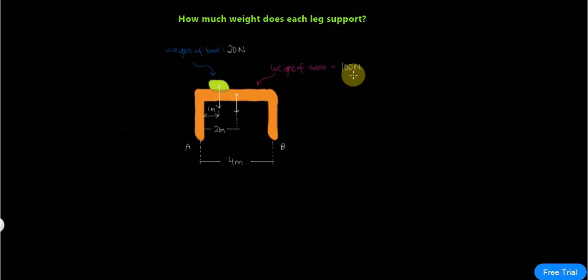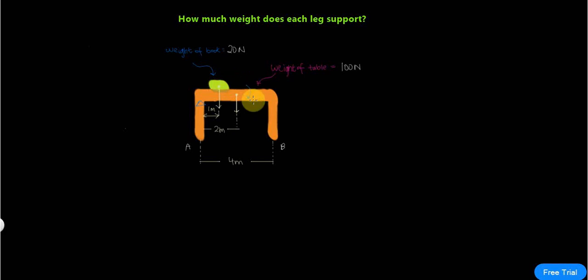Okay, so in essence, if I want to find out how much load is being supported by leg B, I could think of this whole system being pivoted around leg A. So let's say, for example, that was my fulcrum, and if I think of just this top slab of the table, it is then pivoting around that point, and therefore has to be counteracted by leg B. In other words, since these center of masses are a certain distance from this fulcrum, they would cause a net anti-clockwise rotation.